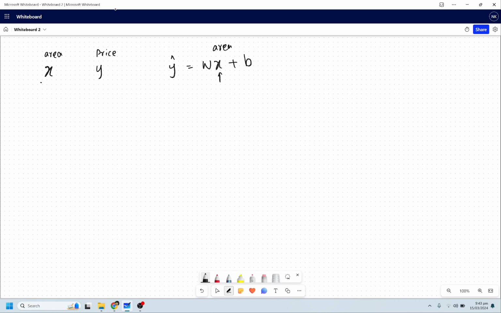It comes from the data here. And then these two variables W and B are called the parameters of a model. These two variables control how the output of the model is going to be.